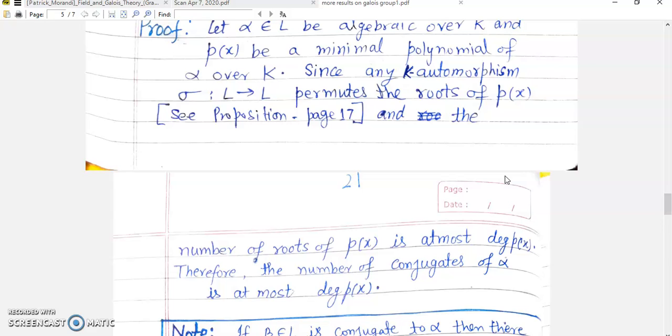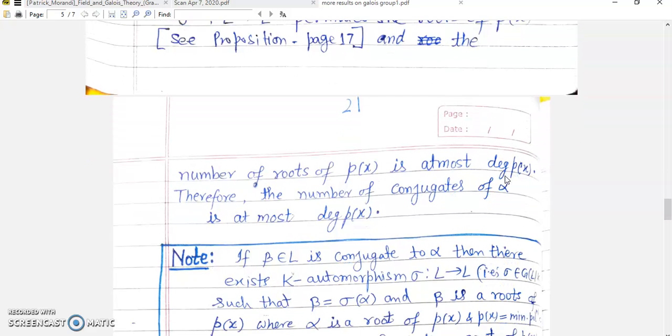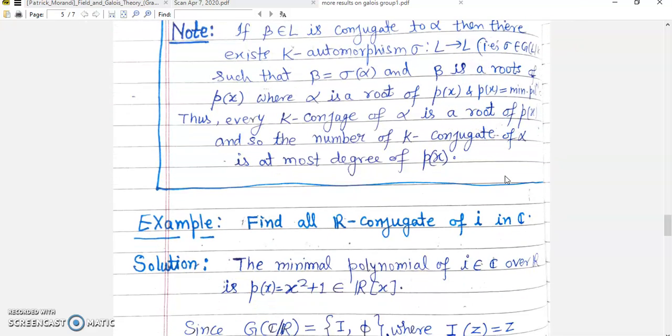So if beta is K-conjugate to alpha, then beta will also be a root of the minimal polynomial p(x) of alpha. It means the number of conjugates of alpha is at most degree p(x).